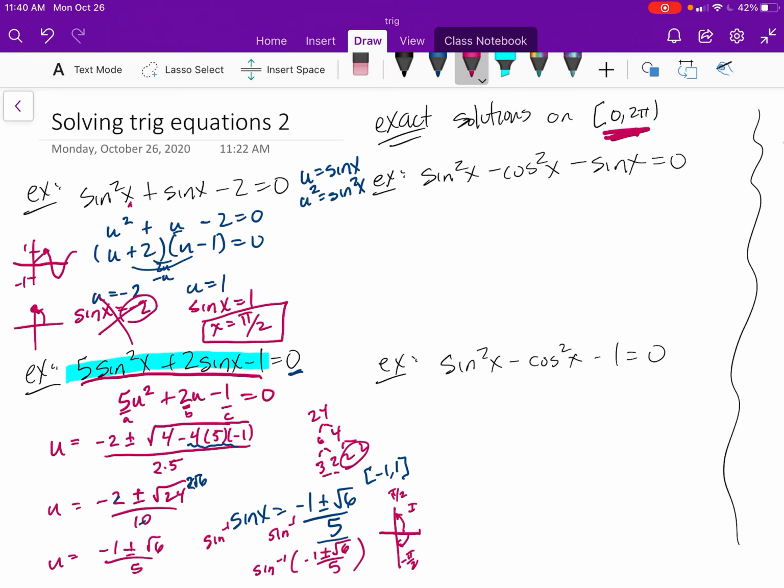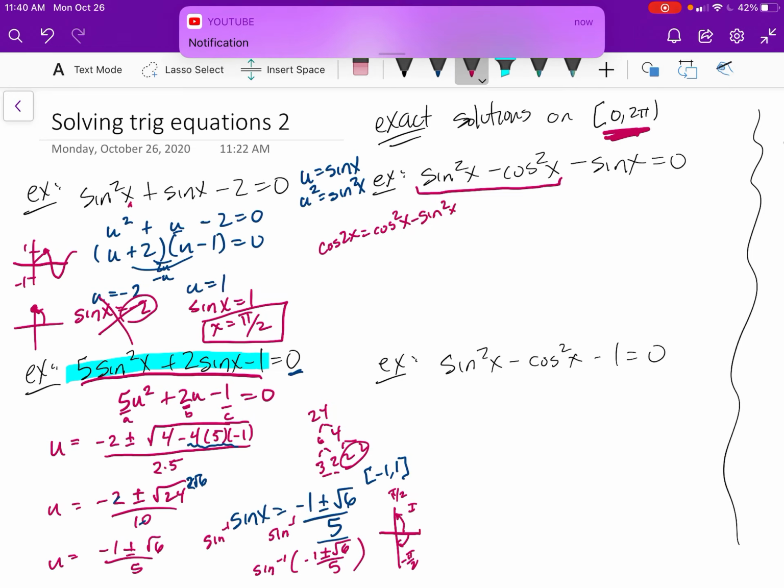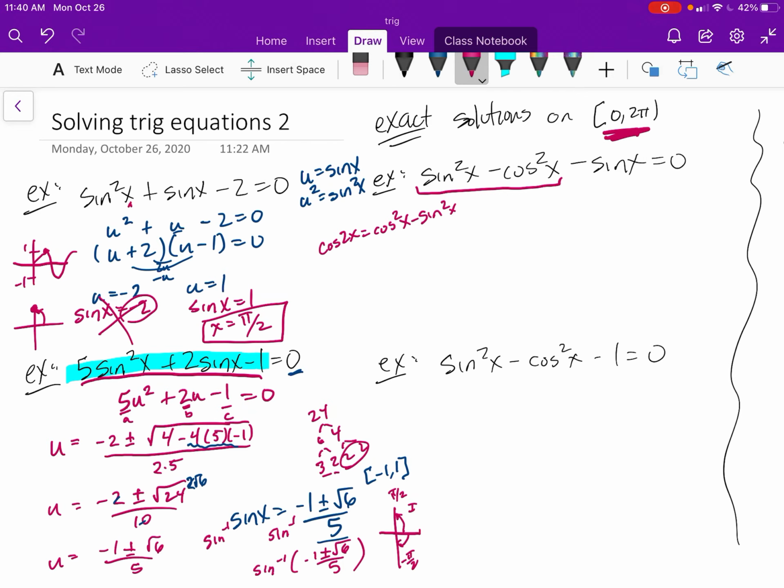Next, I start looking at the table of identities, all the equations that we are given, and this is pretty close to one. We have an equation that says cosine 2x equals cosine squared minus sine squared, right? And I could factor out a negative and make that substitution to make this negative cosine 2x.